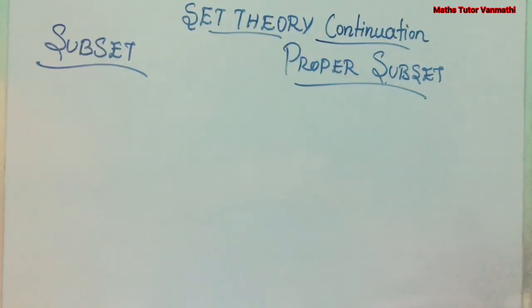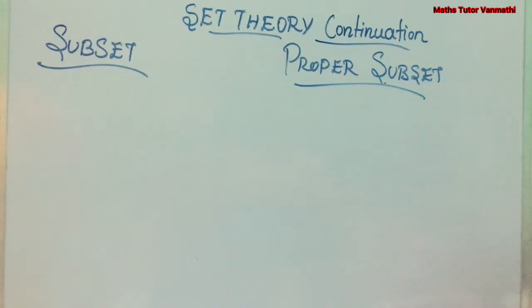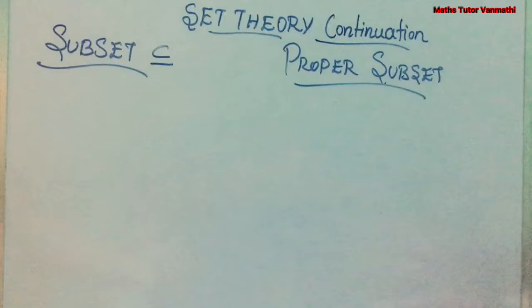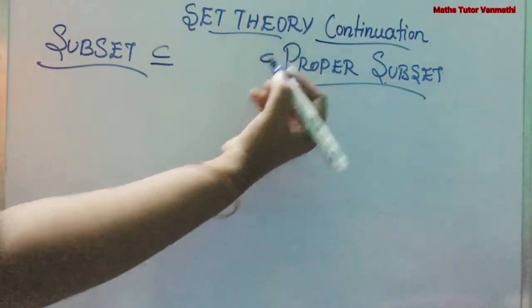Next, we can see what is meant by a subset and what is meant by a proper subset. First, the symbol for subset is this and the symbol for proper subset is this.